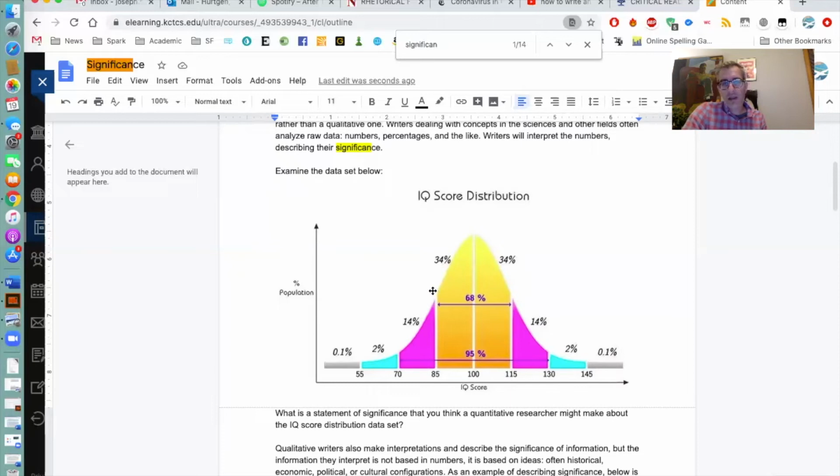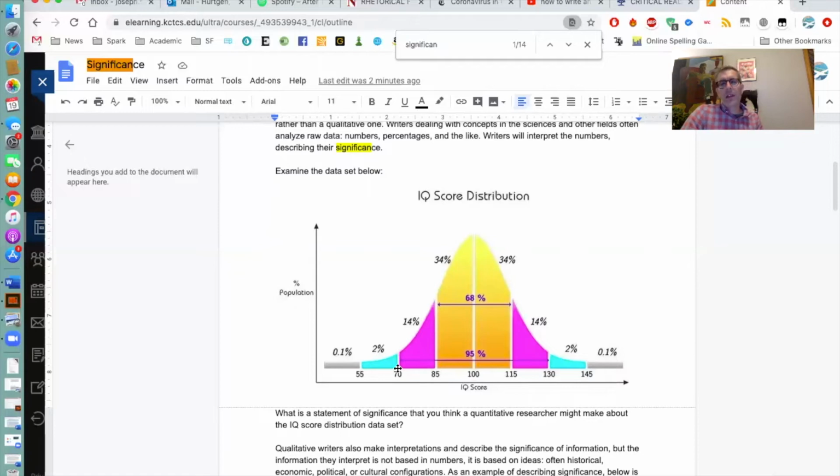And you can see that the greater percentage of the scores are between 85 and 115. So you can start interpreting data, and you can start saying things like, okay, 68% of the population falls between these two numbers. 95% falls between these two numbers.